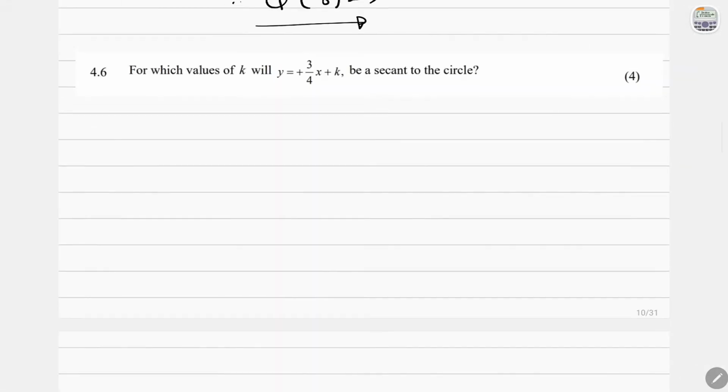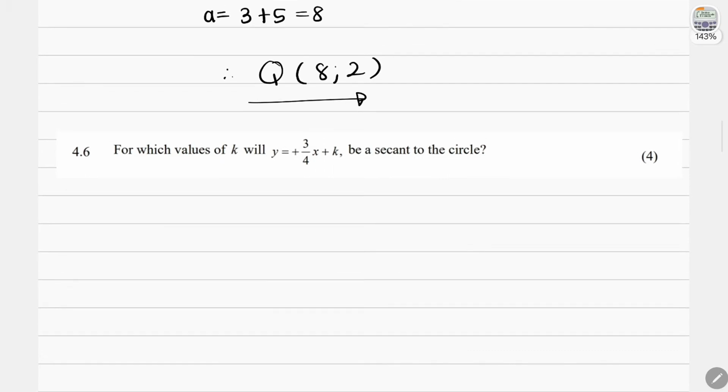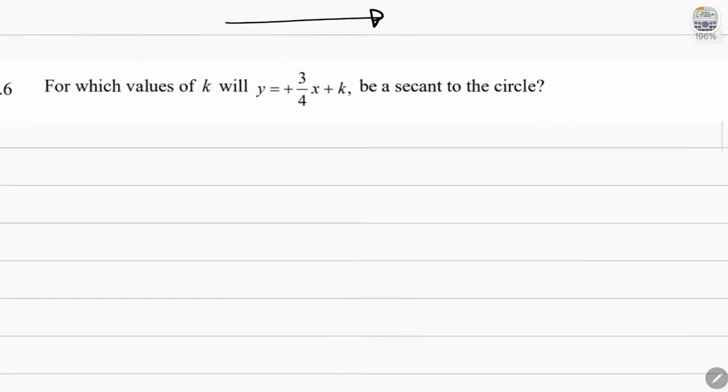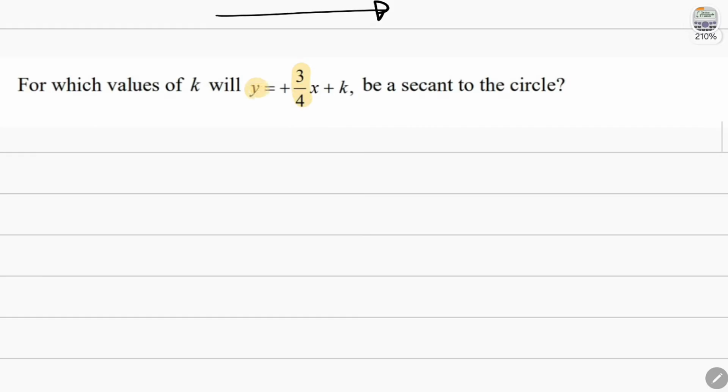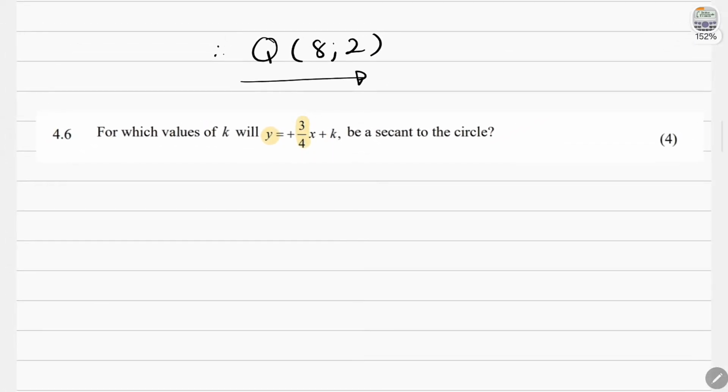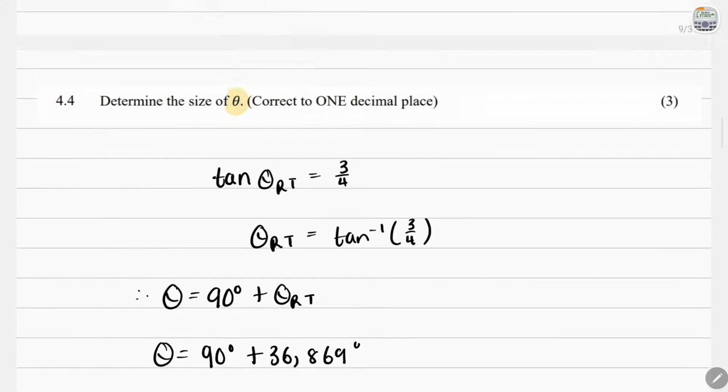Question 4.6 says, for which values of K will y equals positive 3 over 4 x plus K be a secant to the circle? Okay, we already had this equation. This was the equation of the tangent. So not really the equation of the tangent, but yes, it's the gradient of the tangent. So they want to find out for which values of K will this line be a secant to the circle.